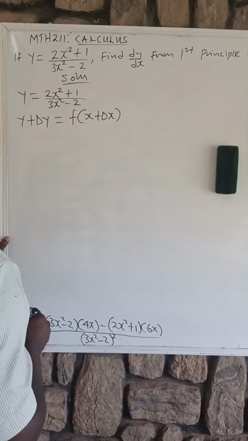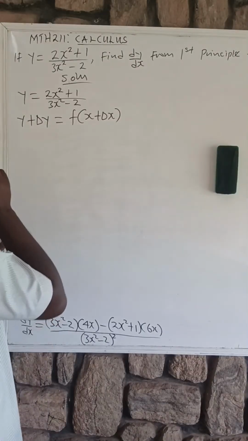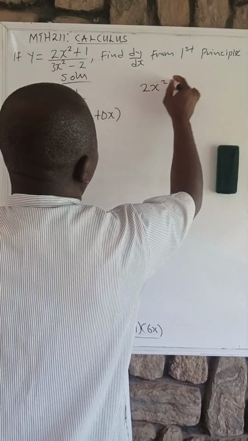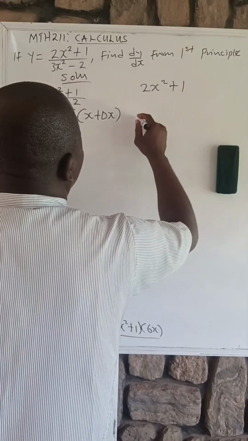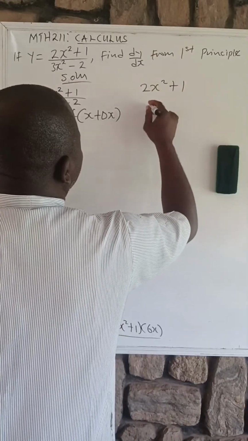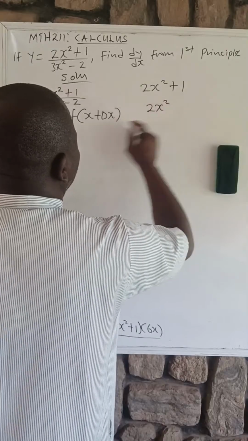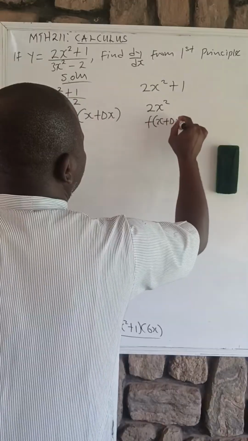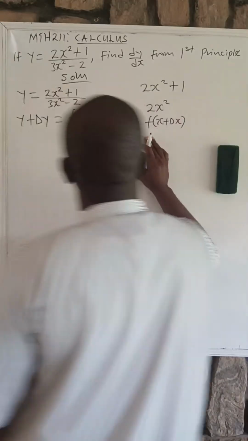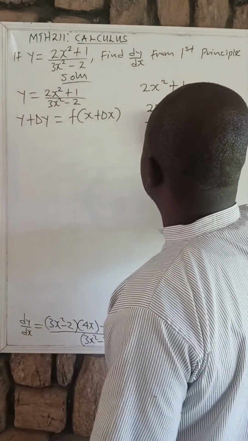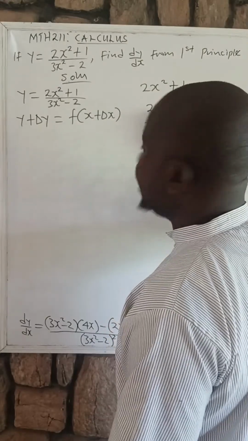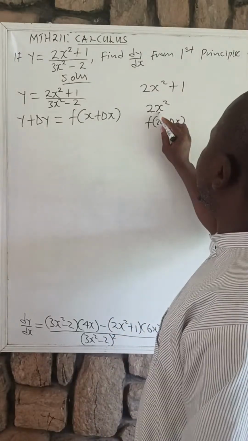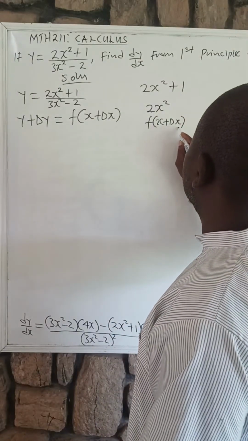It implies that, I told you that when you have 2x squared plus 1, let us say you have 2x squared, compared with f of x plus dx, it means your constant there is 2, then this is your f. Now this x becomes x plus dx.